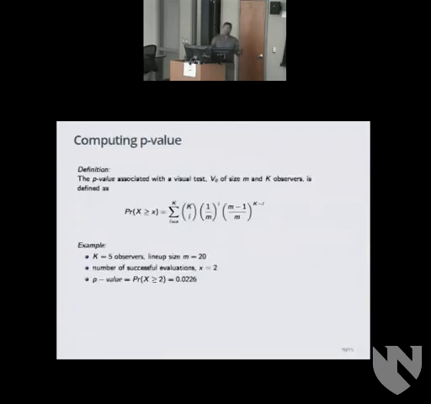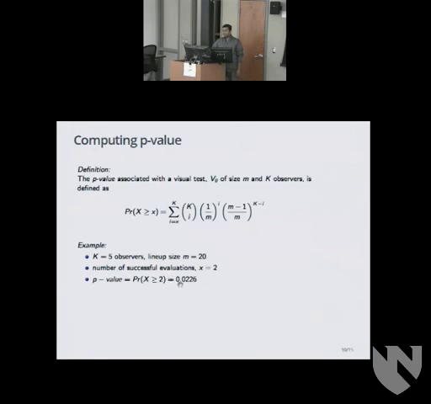Now, how do we compute the p-value in this process? We can use this equation to compute the p-value from this binomial distribution. So for example, suppose we have k equals 5 people, lineup size m equals 20, and number of successful evaluations x equals 2, we know that already, right? Then the p-value is the probability that 2 or more people will pick the actual plot.